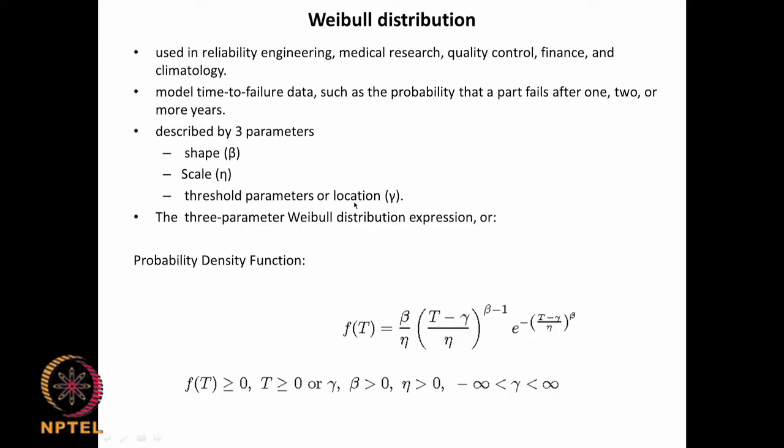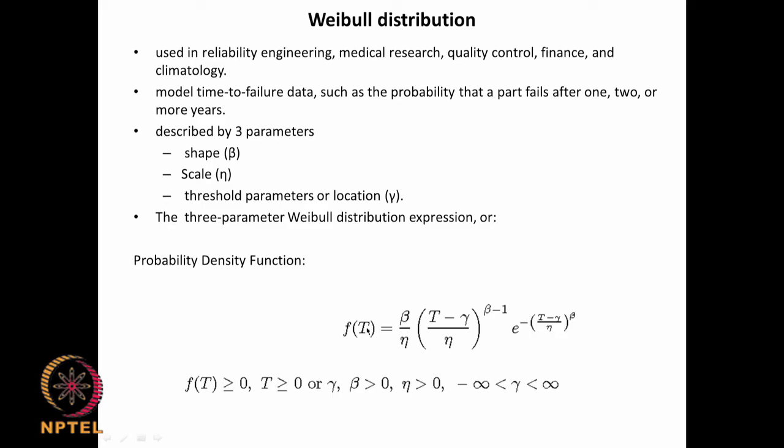So, the probability density function for a Weibull distribution looks like this: beta divided by eta, times t minus gamma divided by eta raised to beta minus 1, times e to the power minus (t minus gamma) divided by eta, raised to beta. So, you do not have to get scared about it, because software can determine these, there is software which can give this.